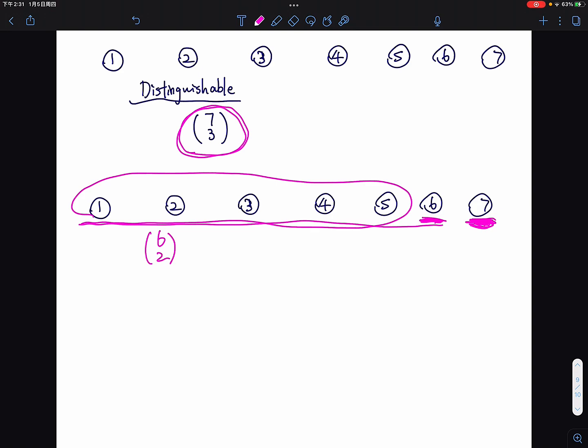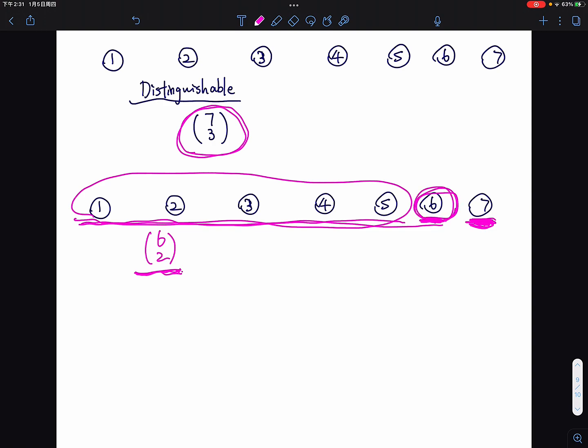In the first case, I already said that 7 is the number that has to be chosen, which means in the 6 choose 2 case, all the cases that contain 7 are already counted. So in the following countings, we're not going to consider 7, because if we were to count 7 again, that would be overcounting, right?